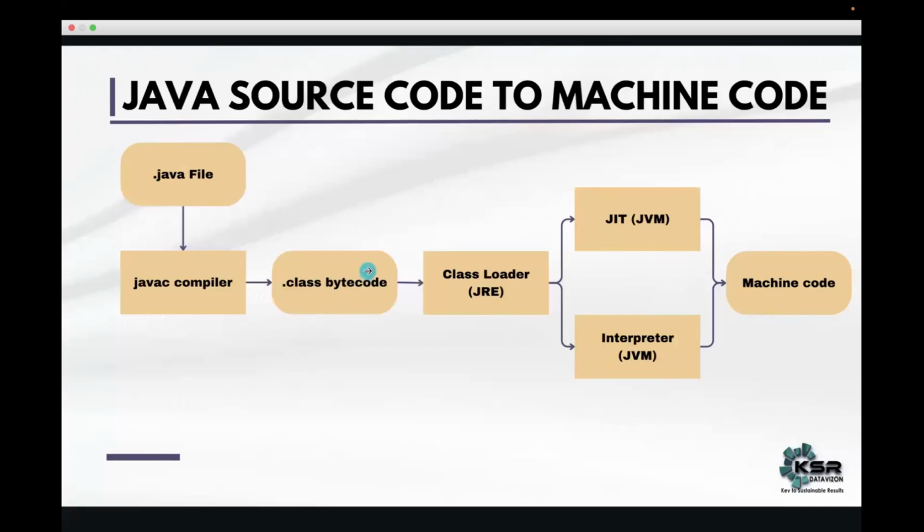Let's say you compiled it on Windows. You have that bytecode. You put it on Mac. Now this bytecode is written in such a way that it can be interpreted by any JVM. It can be interpreted by the JVM present on Mac, on Linux, and on Windows.